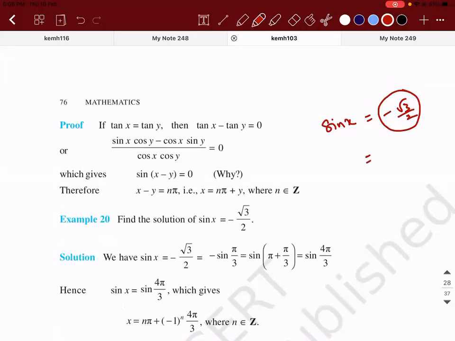If you're already well versed, I don't have a problem. But if you still have this kind of doubt, follow the steps. First, had it been a positive value, then what will be the value of sine that you need to take into consideration? Root 3 by 2. So you would have taken sine pi by 3, right?